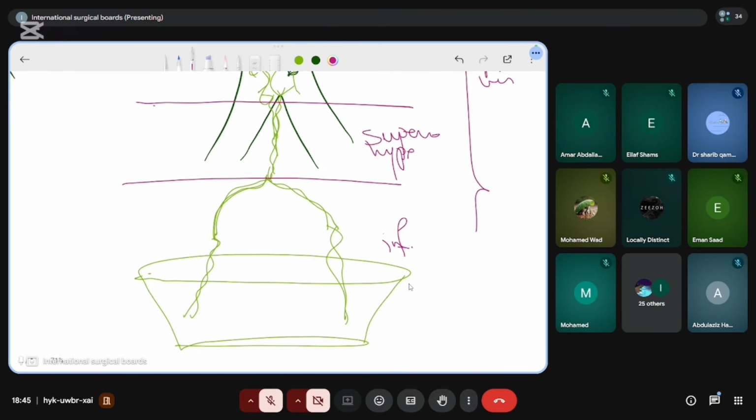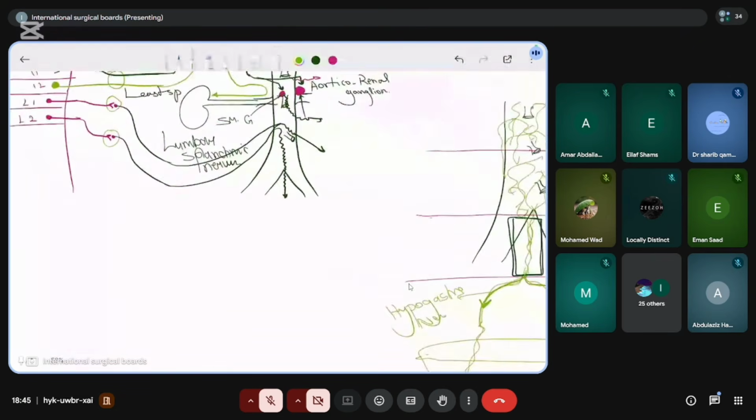Now, I want you to focus here. This is called the superior hypogastric plexus. This plexus divides into two nerve bundles. We call them, listen so carefully, very important, hypogastric nerves. Okay? Now let's come back to the lumbar nerves that we talked about.